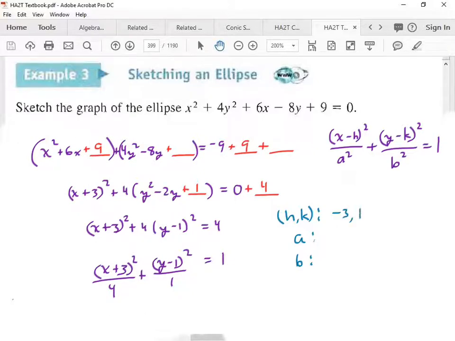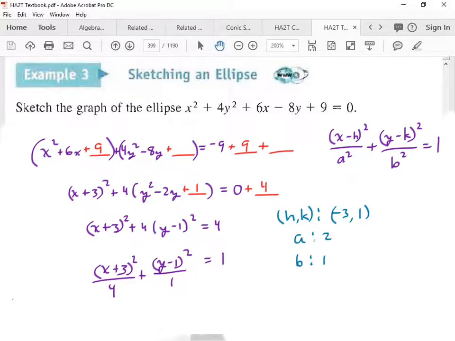Our k is going to be positive 1. And because this is an ellipse, I know that my a is the bigger number. Since this is the bigger of these two, this is the a squared. So a would be 2. And this would be the b squared, so b would be 1.